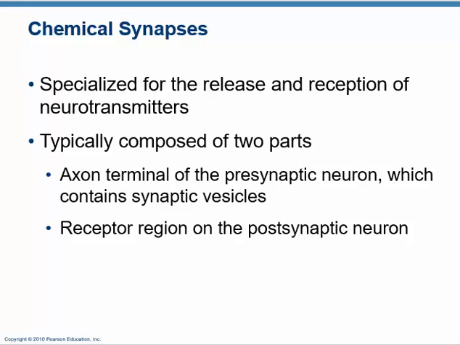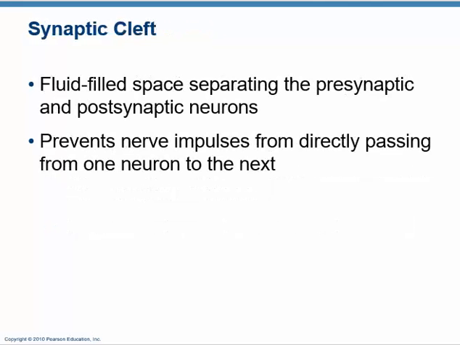Mostly we're looking at the chemical synapses, and this is exactly like the neuromuscular junction, where the presynaptic neuron is going to release a neurotransmitter, a chemical, into the cleft, into the gap, and there will be receptor regions on the postsynaptic cell, in this case another neuron. The cleft is a fluid-filled space that separates the two.